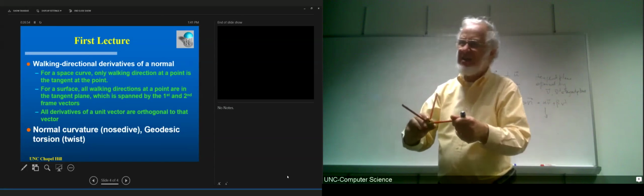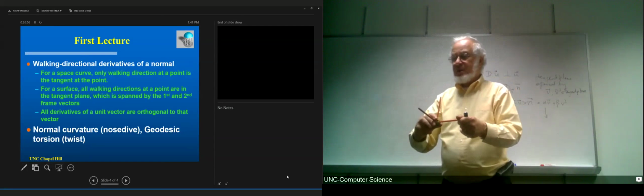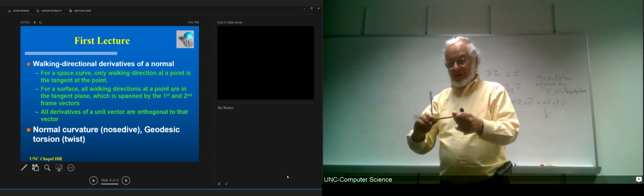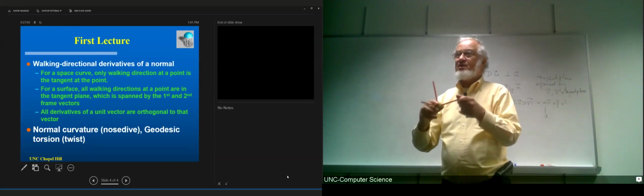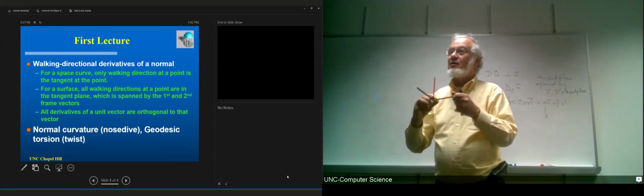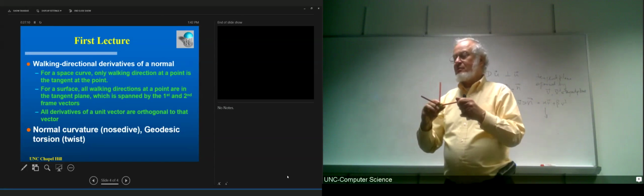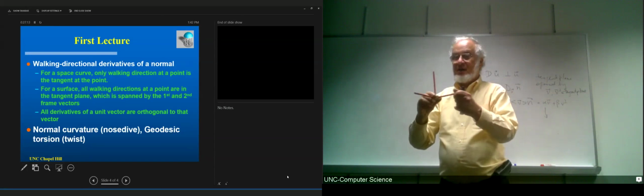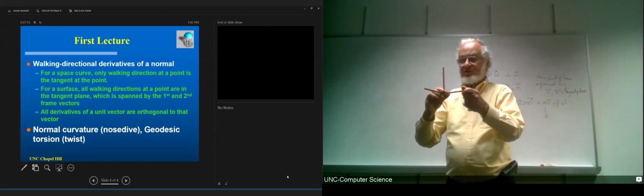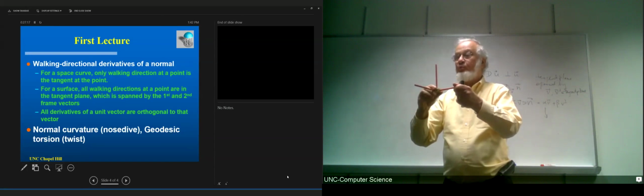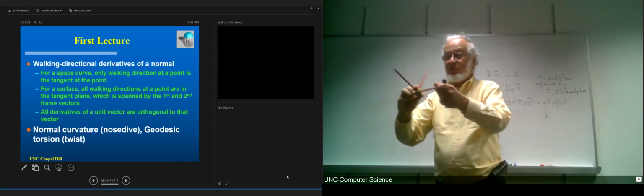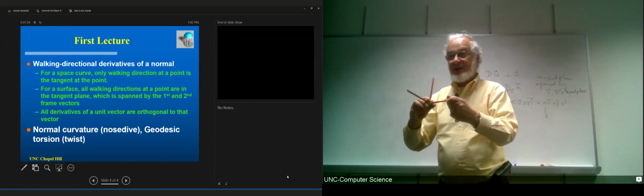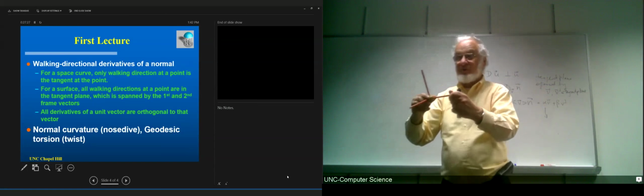Now we need to be able to talk about positive nosedive and negative nosedive. And for reasons that are not worth discussing here, it turns out to be conventional to call it positive nosedive when the normal falls away from the walking direction, and negative when it falls into the walking direction.